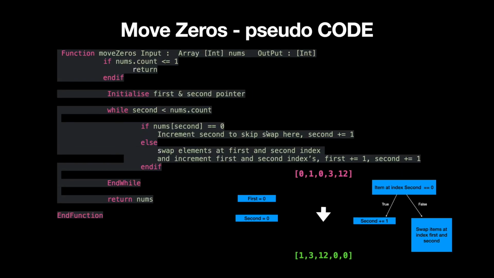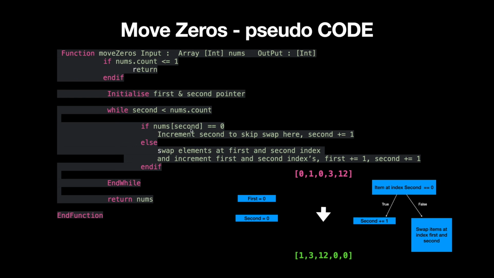That's all we do. So in moveZeroes, if nums.count is less than 1, we return the input array itself, because it doesn't make sense. It has to be more than one element in the input array, then only we can move zeros, right? And then we will initialize the first and second pointers. If second pointer is less than nums.count, as I said, second would be moving forward and first would be behind second only, right?